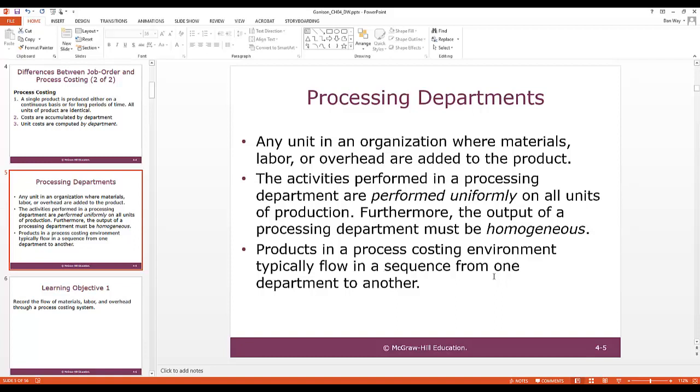Everything's just kind of in that old assembly line mentality where the same things are just rolling off by the hundreds and thousands. Products in a process costing environment typically flow in a sequence from one department to another. There's really almost an infinite number of departments we could have. So for our purposes, we'll just kind of worry about using examples where there are 2 or 3 departments.